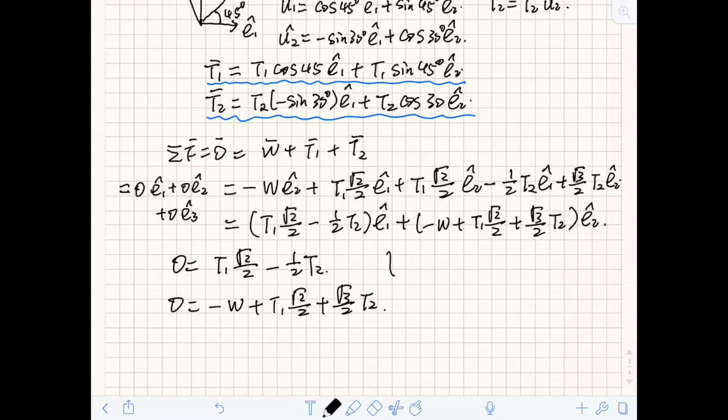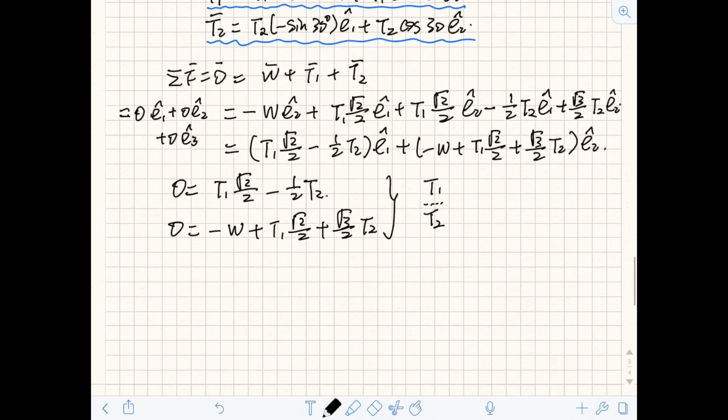Okay, now all we have to do is solve for T1 and T2. Of course you can find many ways to solve this. The simplest way is we can use the first equation to find T2 is equal to square root of 2 times T1.